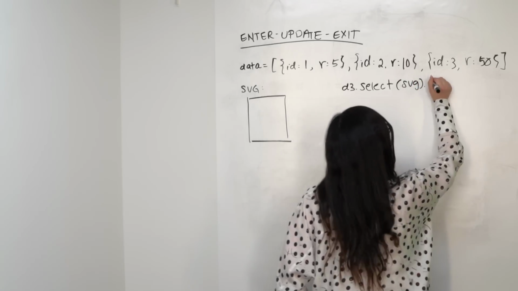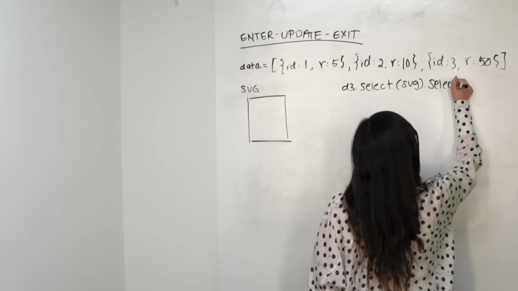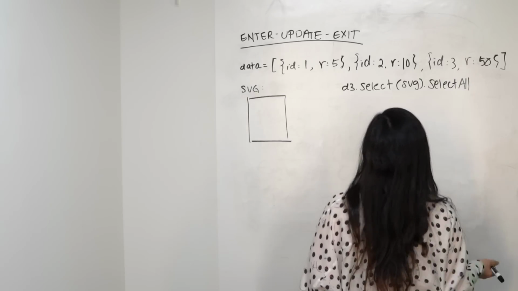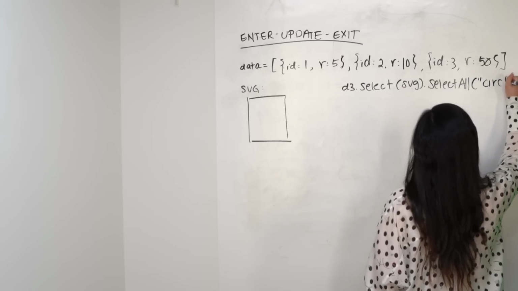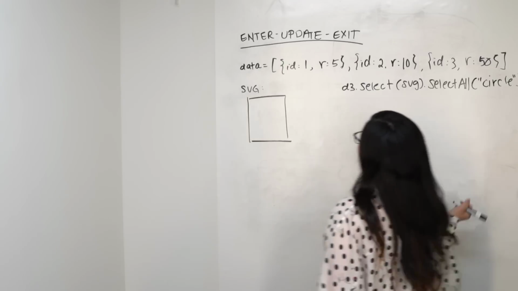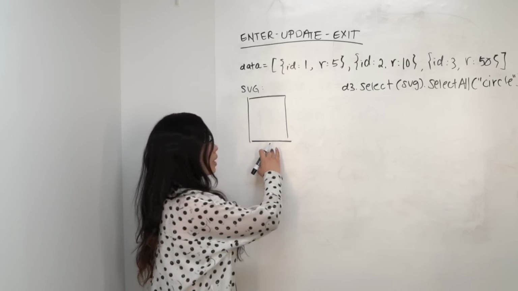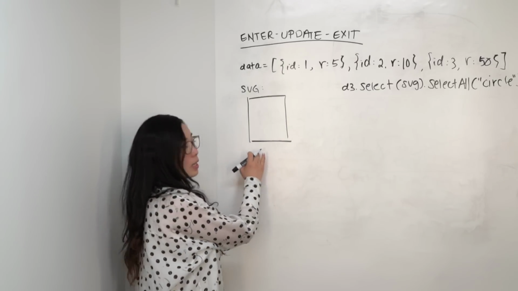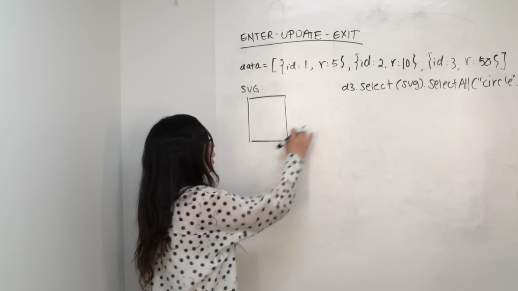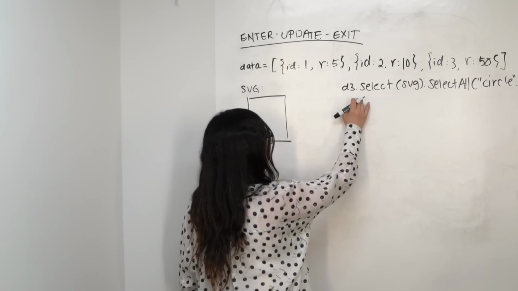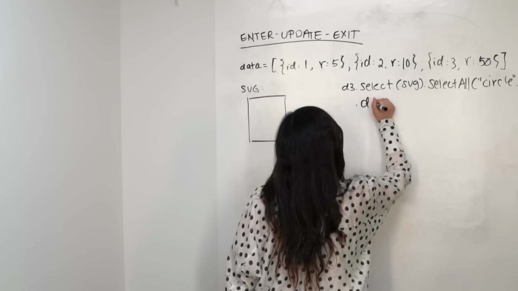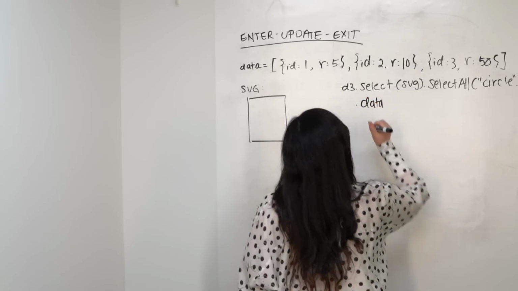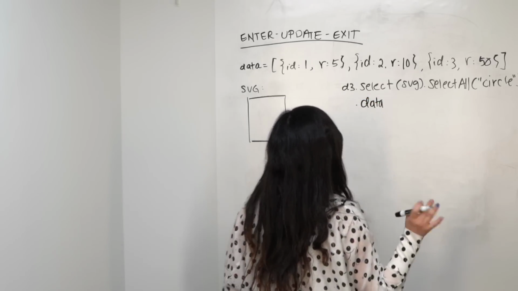Then when we say .selectAll, let's say this time we're trying to draw circles, we're going to select all circles that are in the SVG. Right now, as we said last week, there's nothing in the SVG, so that would return an empty selection.